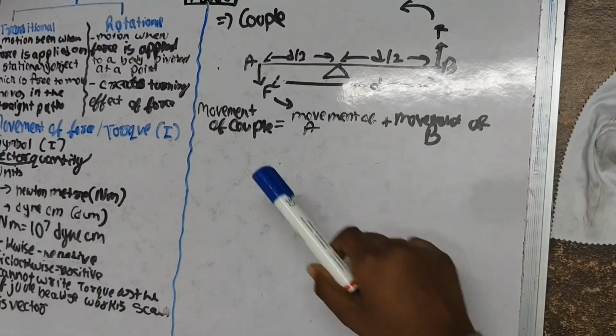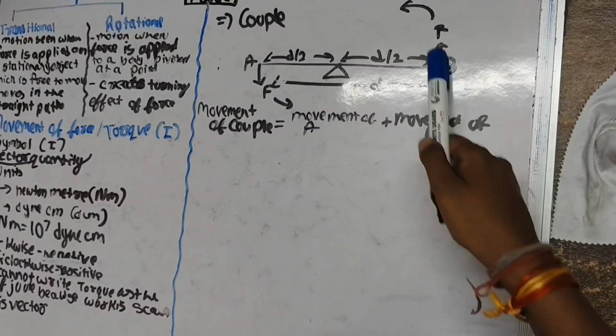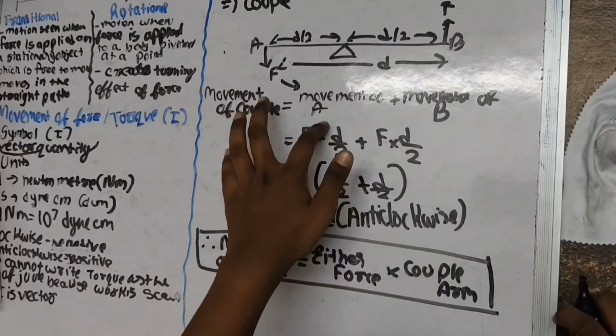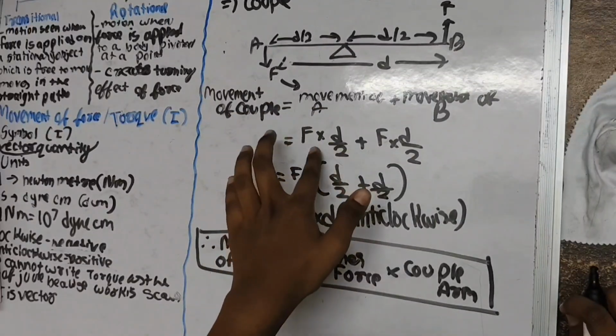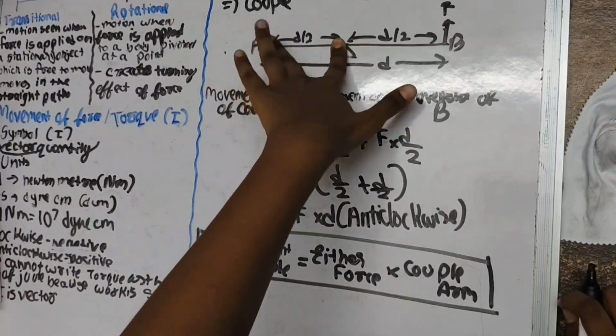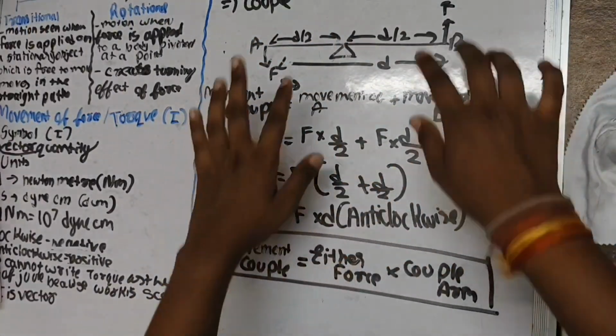And now the moment of couple is equal to moment of A plus moment of B. So moment of A, which means torque, is F into D, force into displacement. This is the force and this is the distance from the pivoted point. So we have done that. Same here.